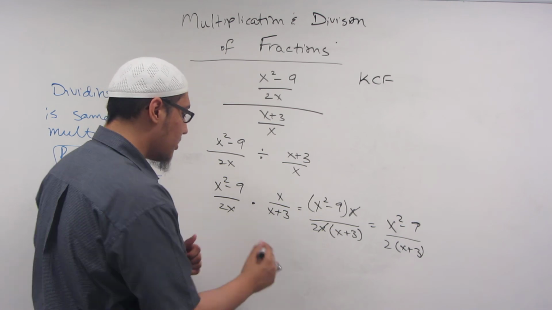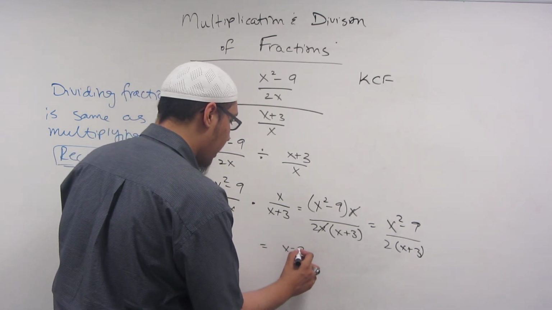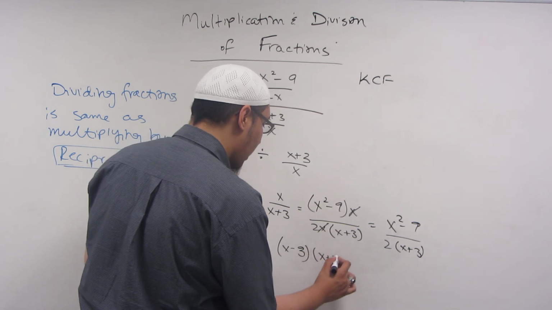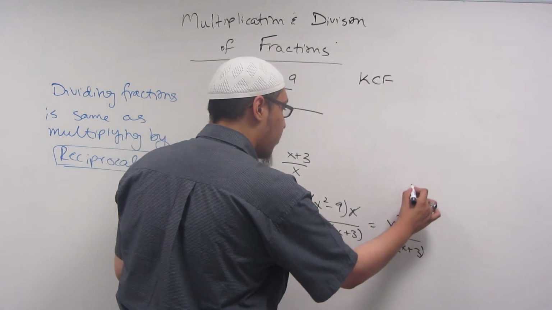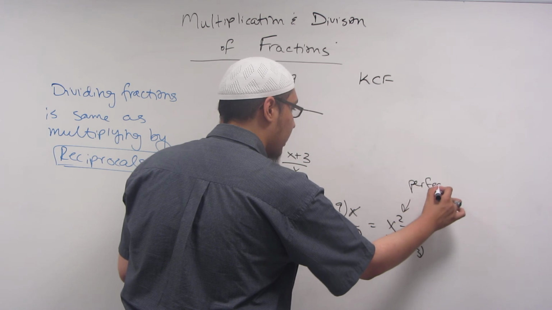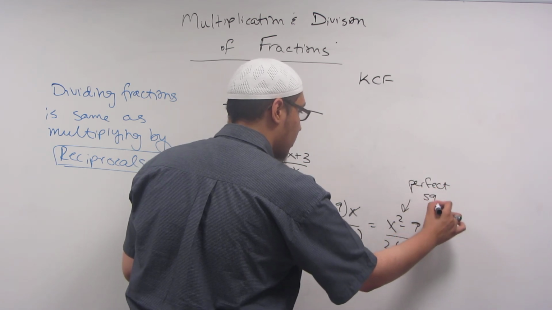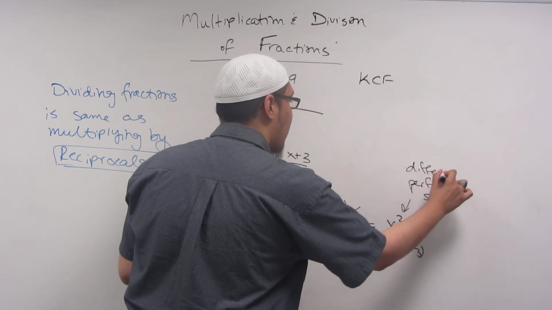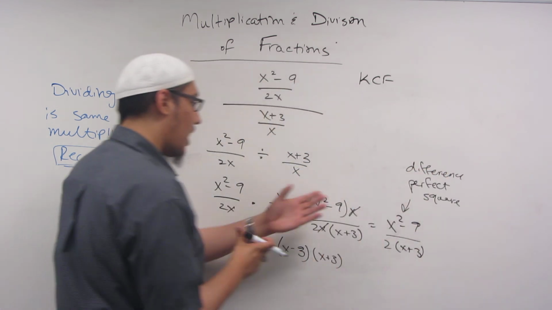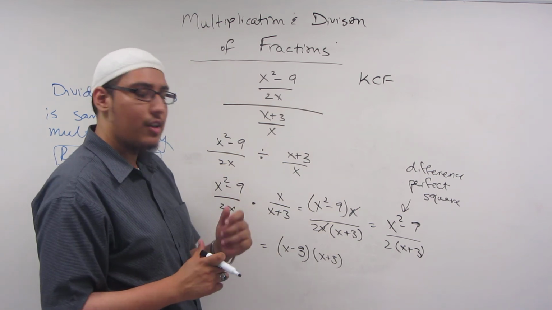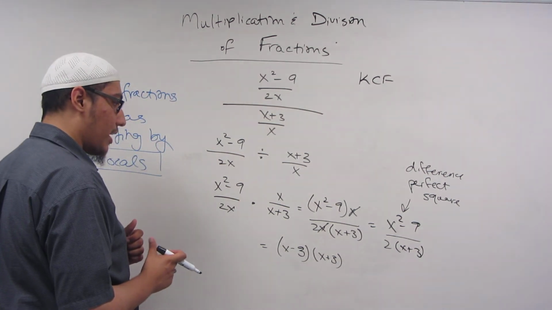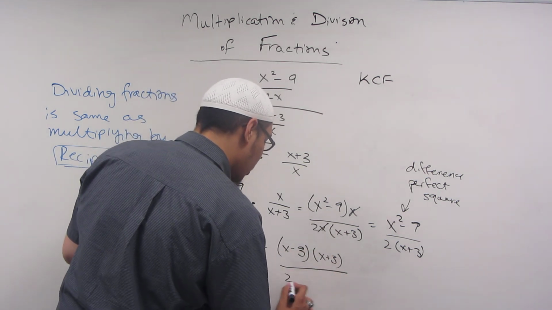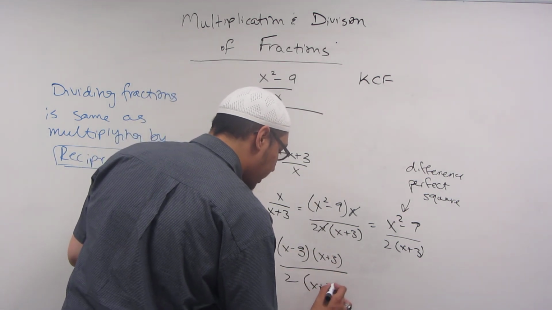Now, we can factor this into x minus 3 times x plus 3. This is a difference of perfect squares, and we have a video regarding factoring. And so on the bottom we have 2 times x plus 3.